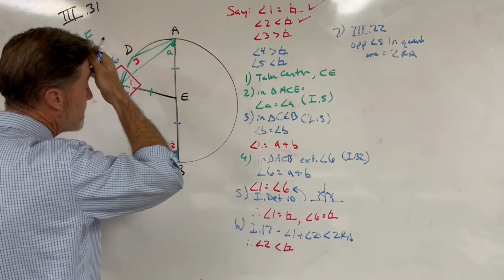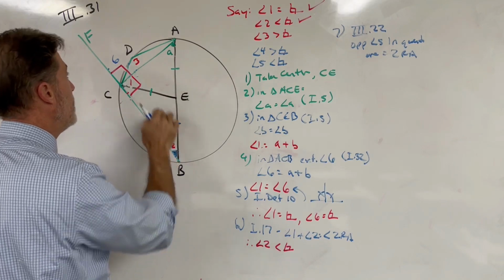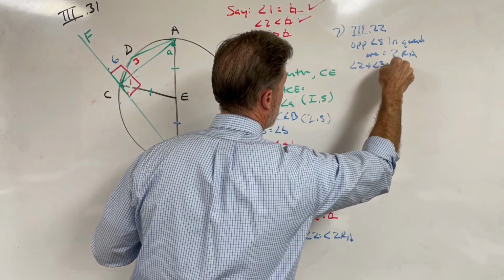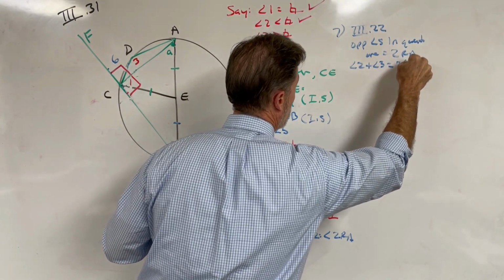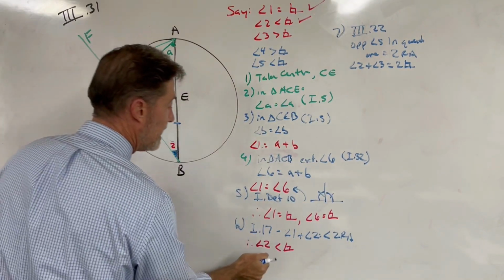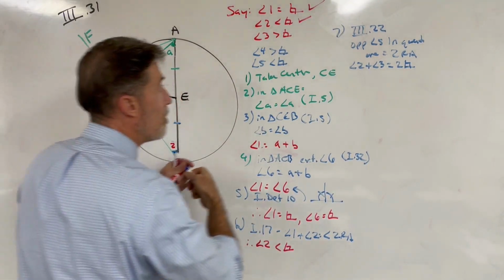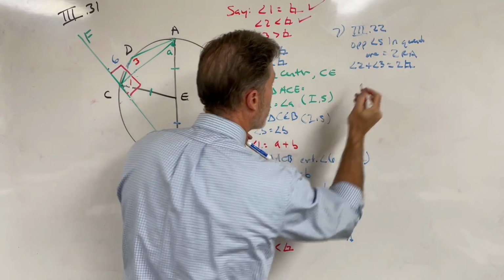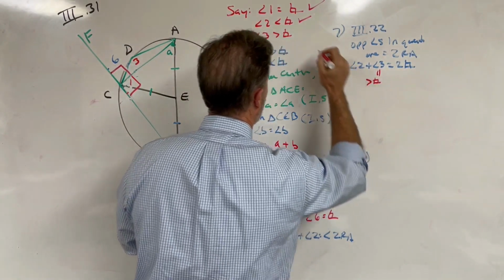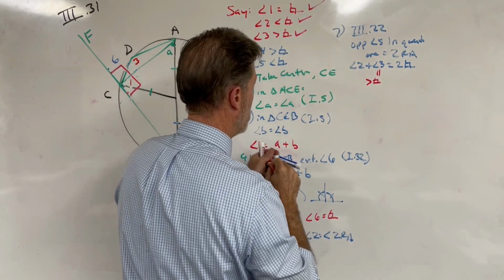So if we take two opposite angles, for example angle 2 and angle 3, angle 2 plus angle 3 together equal two right angles. But we already know that angle 2 is less than a right angle. Therefore, in order to get to two right angles, angle 3 must be greater than a right angle. And that's the third thing we're going to prove there.